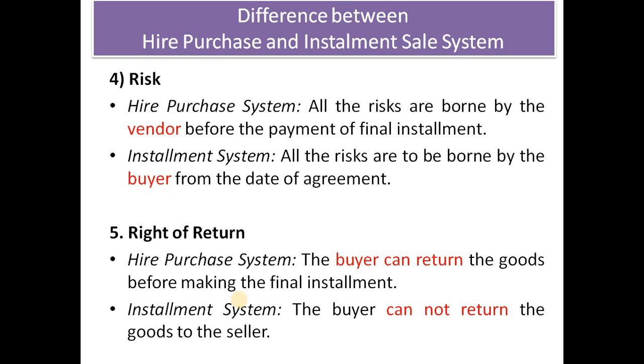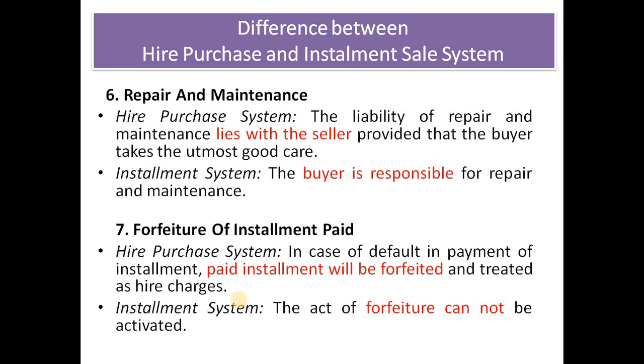Hire purchase system, the buyer can return the goods before making the final installment, and here this kind of option is not available because he already has become owner after signing the agreement. Repair and maintenance. Who is taking the liability of repair and maintenance in case of hire purchase system? It's the seller, and in case of installment sale system, the buyer is responsible.